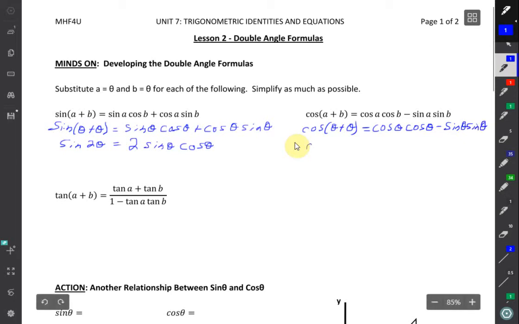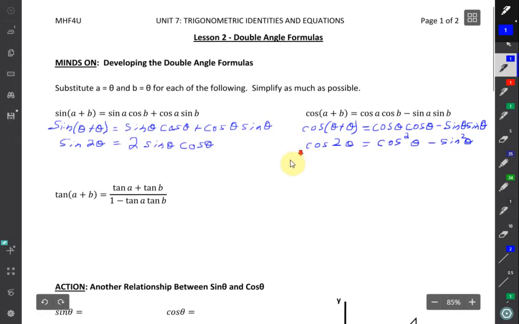Similarly, we can look at this and write cos 2 theta equals, and what we have is a cos theta squared. Now I'm going to introduce a math convention where we don't put brackets when we square trig ratios. Instead, we put a 2 right here. So we have cos theta squared minus sine theta squared. And that's our next double angle identity.